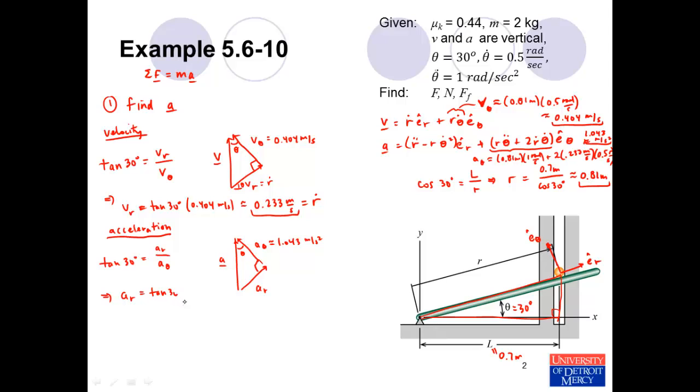We have tangent of 30 degrees multiplied by the transverse component, 1.043 meters per second squared. Punch that into our calculators, and that works out to be approximately 0.60 meters per second squared. So that gives us the complete acceleration of the particle in polar coordinates. Once we have that, we can go back to Newton's second law to actually find the forces. So we'll continue that on the next slide.